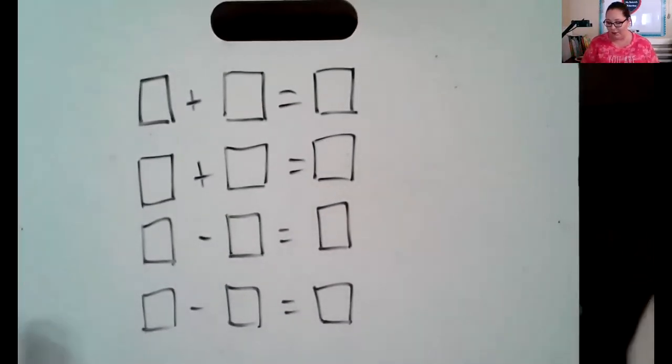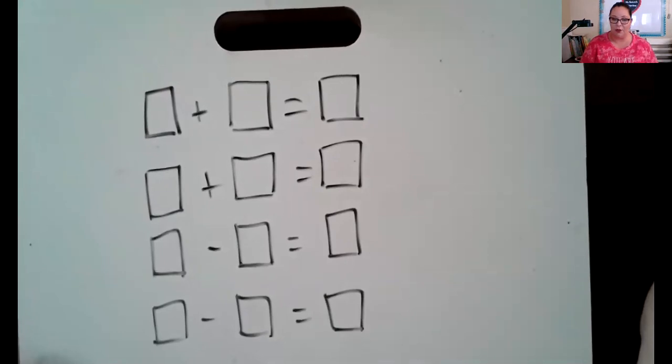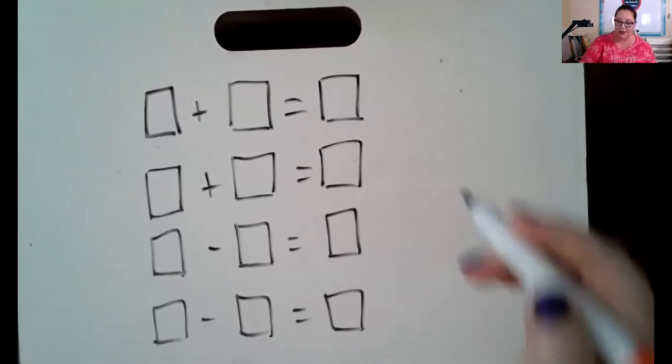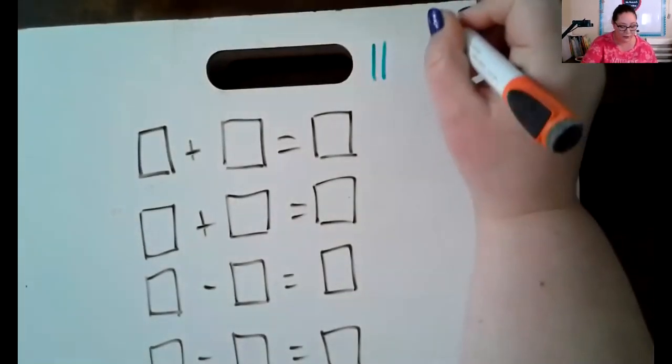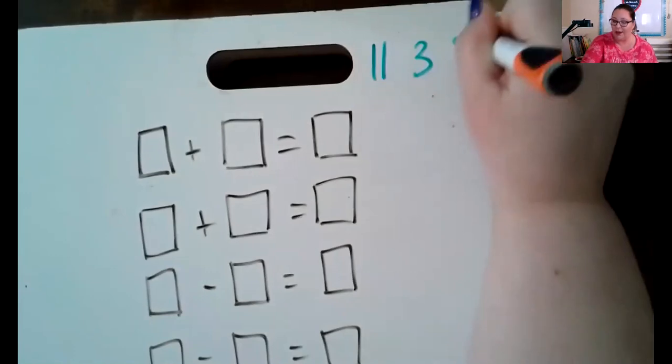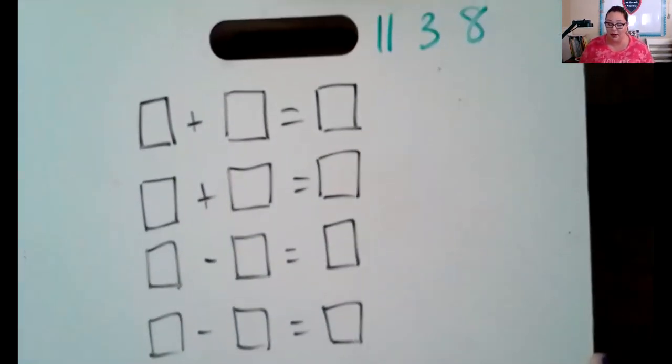We have a fact family tree again, because you guessed it, we're going to work on fact families again today. Very, very, very important. Okay. And it should be pretty familiar to you guys now. So let's see, we're going to do this fact family with the numbers 11, 3, and 8.